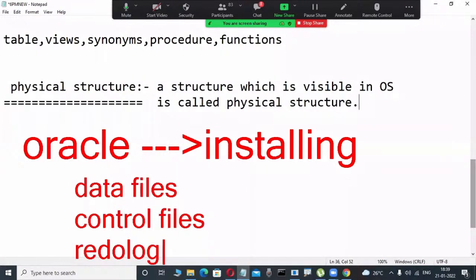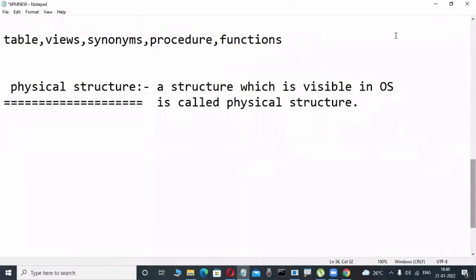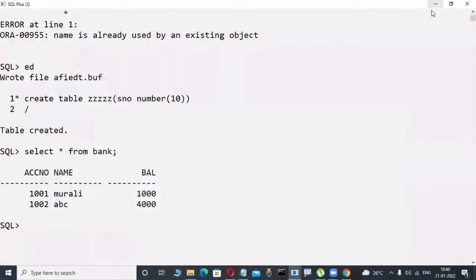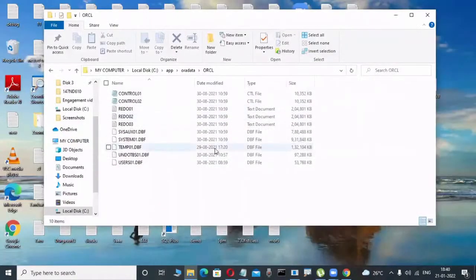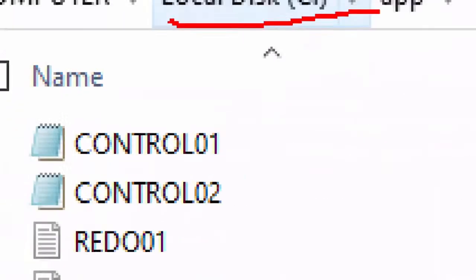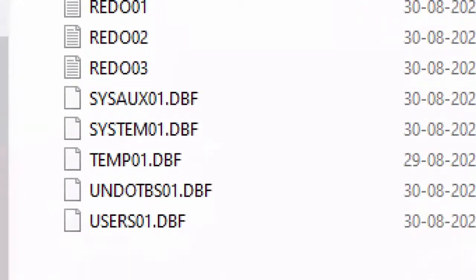You don't have an idea about these things yet. In the future DBA concept, I'm giving a rough introduction in our course. Whenever I'm installing Oracle software, some files are created in a disk, in C drive, D drive. These are data files, .dbf files.